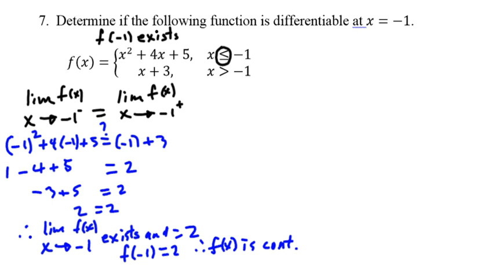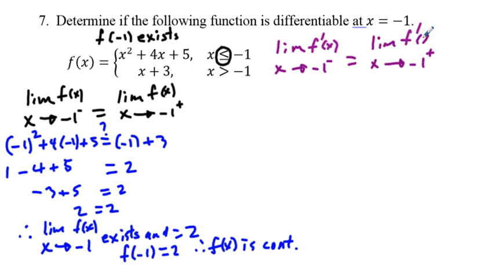Now we go over here to test for differentiability, and that's going to be the limit as x approaches -1 of not f of x, but f prime of x, from the left side is equal to the limit as x approaches -1 from the right side of f prime of x.